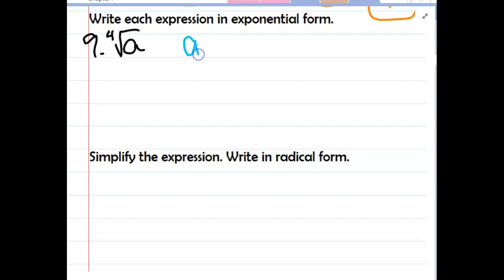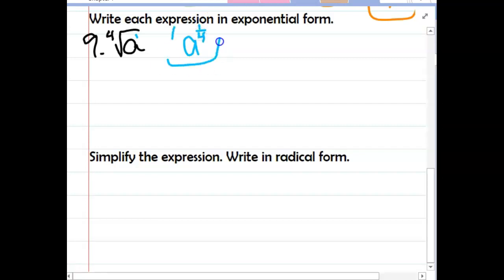So it's going to be a to the, then I've got to figure out what that fraction is going to be. So it's going to be, right, exponent over index. Now, when you look at the a, I don't see an exponent. If we don't see an exponent, what is it? It's a 1. So it'd be exponent over index. So 1 over 4, a to the 1/4.